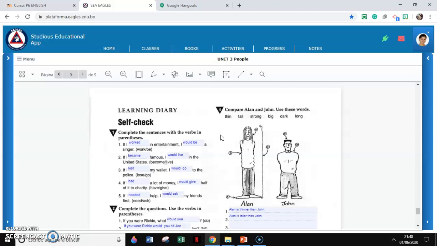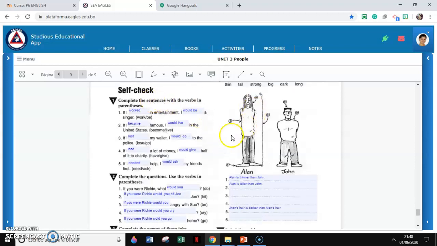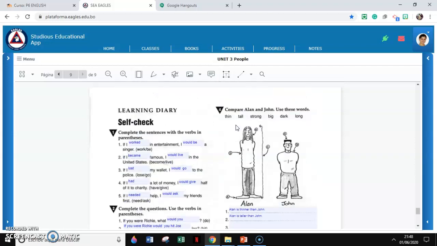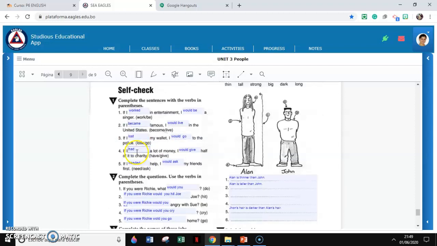So that's why the homework is to work on exercises 1 to 5. And these exercises are to self-check your learning.